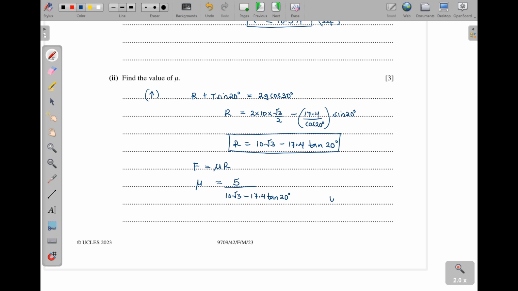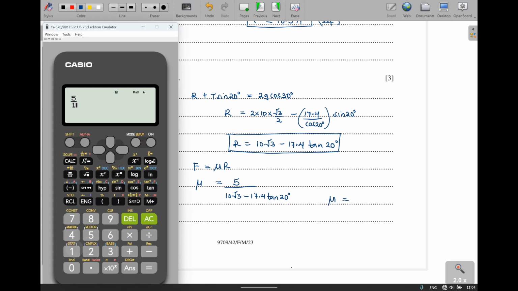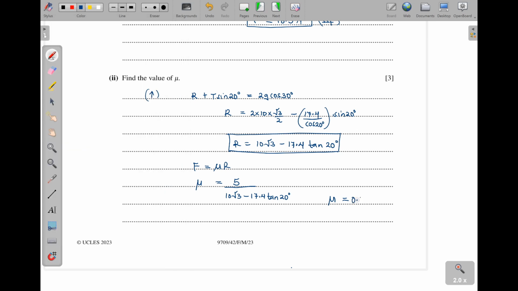And to 3 significant figures, what will be the mu? 5 divided by 10 root 3 minus 17.4 tan 20. That is 0.455, to 3 significant figures.